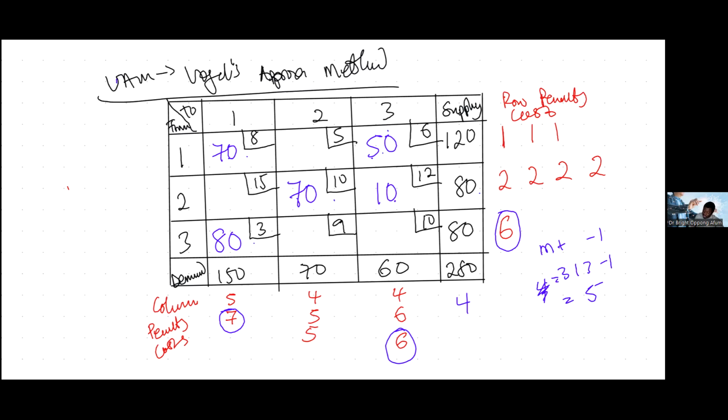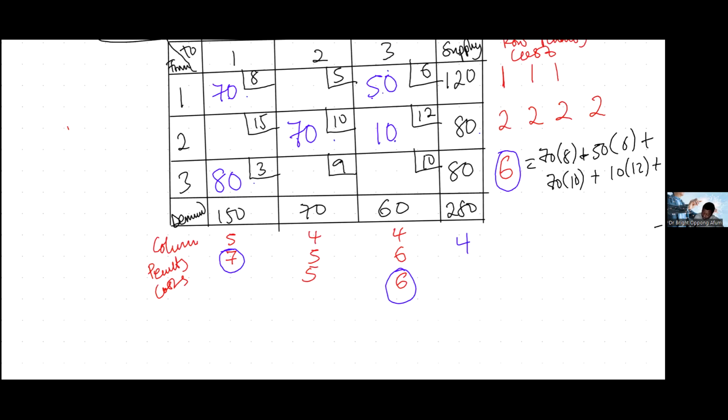All right, so if we are to calculate the solution of the initial tableau, we'll see that we're going to have 70 by 8 plus 50 by 6, this is 5, plus 70 by 10 plus 10 by 12 plus 80 by 3.